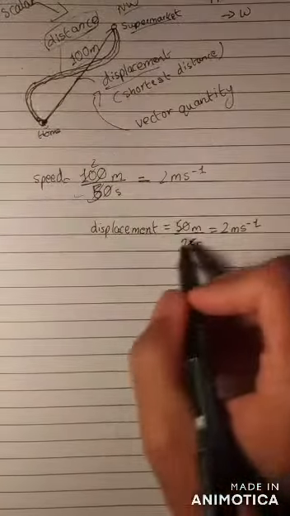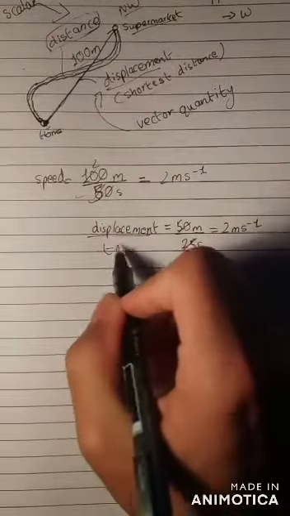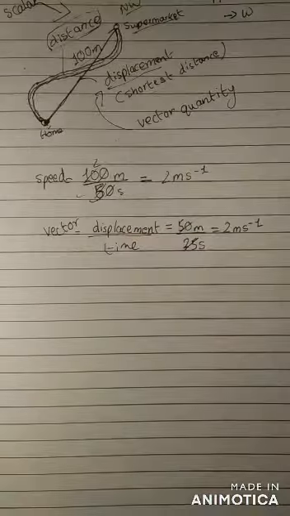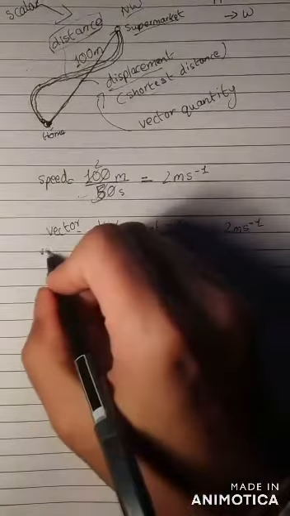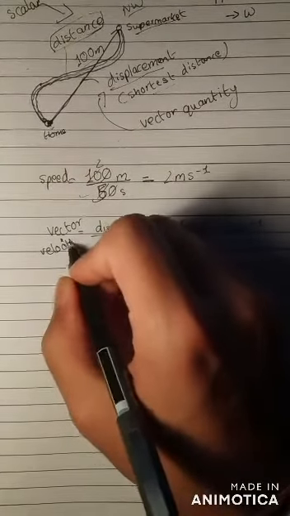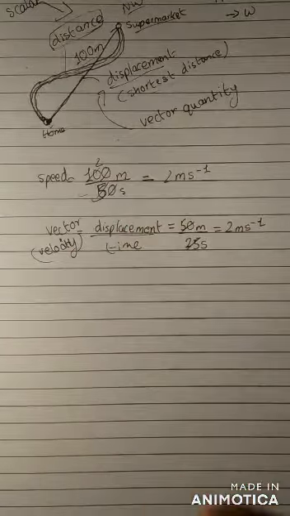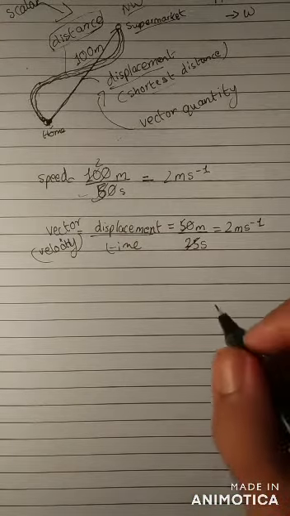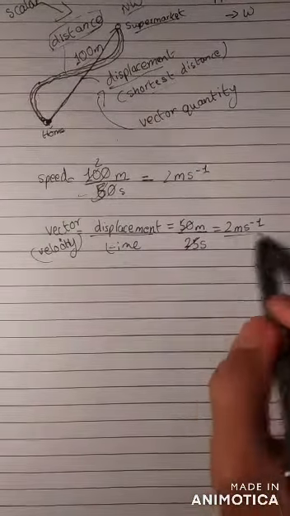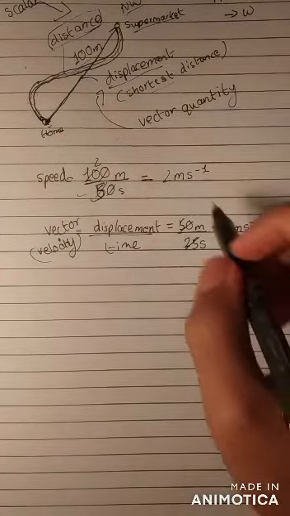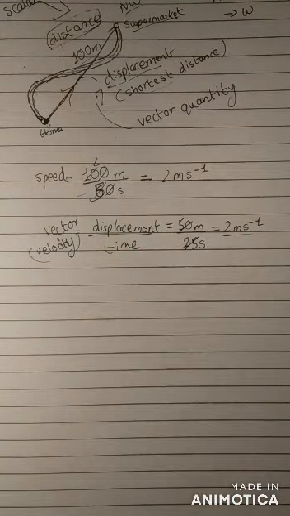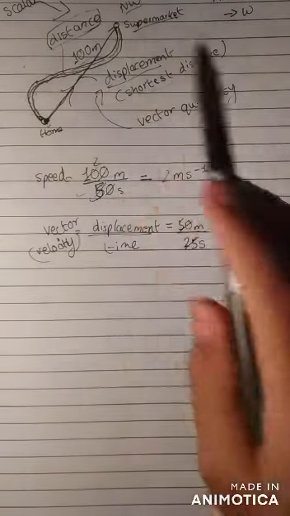So displacement by time is a vector, which is velocity. Vector velocity. So my speed remained the same, but I was traveling in this distance, the shortest distance, in this direction.